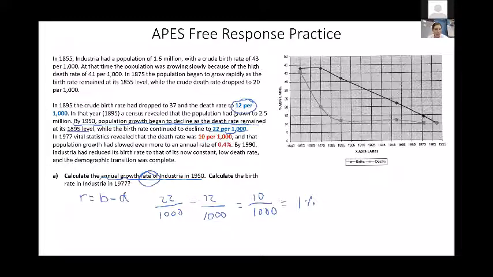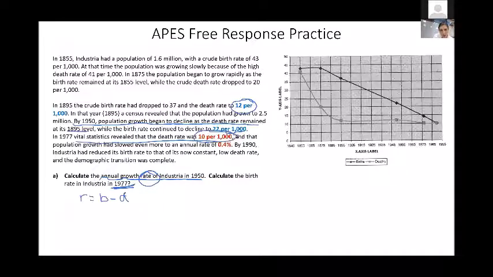But now I need to calculate the birth rate in 1977. So let's erase this. Let's remember what our formula is. Rate equals births minus deaths. What about in 1977? I know that vital statistics revealed the death rate was 10 per 1,000, and that the overall growth rate was 0.4%. So 0.4, that's the rate.